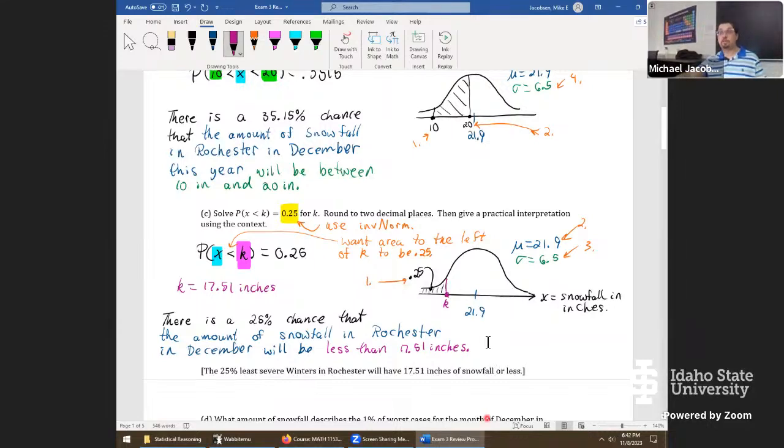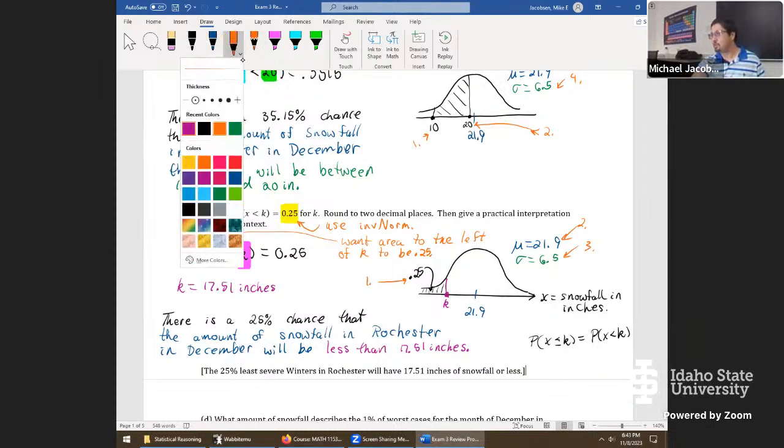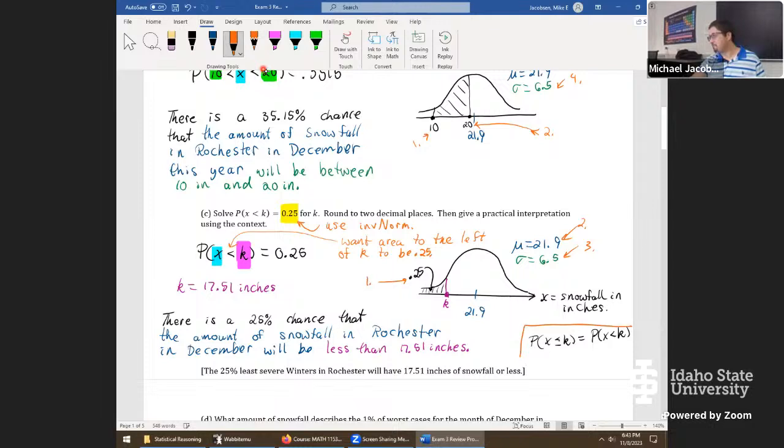There feels like there's a contradiction between these two statements, but also keep in mind, normal distributions are weird because probability X less than or equal to K is the same as probability X is strictly less than K. So in your interpretation, you could say less than 17.51 inches, or you could say equal to 17.51 inches or less, like we did in this interpretation below. That's a side comment, so let me kind of just put it in a box so it doesn't cause extra confusion. But any questions at all, folks, with our conclusion there?